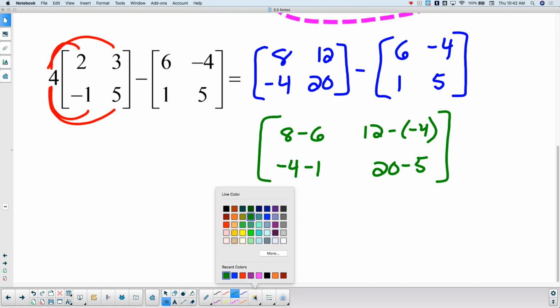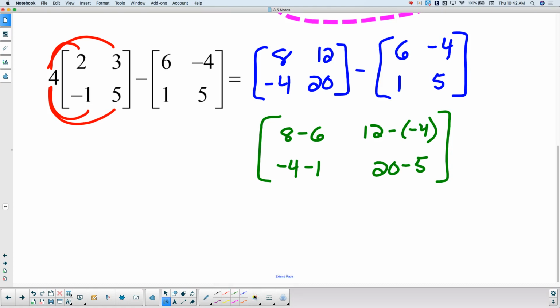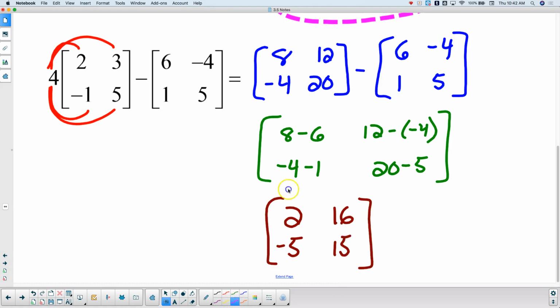Okay? The 2 by 2 matrix of 2, 16, negative 5, and 15 is your final answer. Blue step, yes. Green step, optional. Okay? In this particular problem.